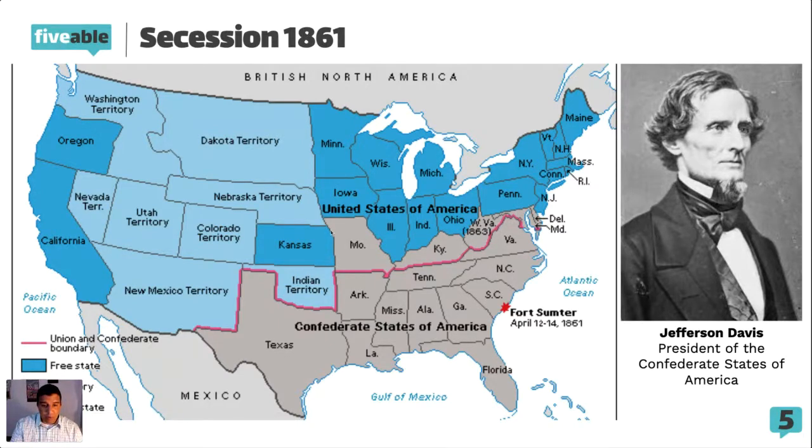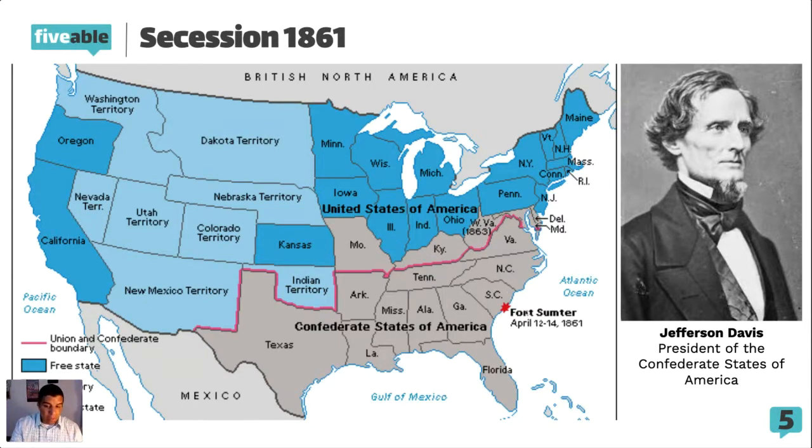So they stay in the Union, but what's unique about them, about staying in the Union? What do they have? Yeah, Kenyon, they have slaves. And so they are slave states that are deciding to stay with the United States of America because they're pro-slavery, but anti-secession. That means they do not believe that you can leave.